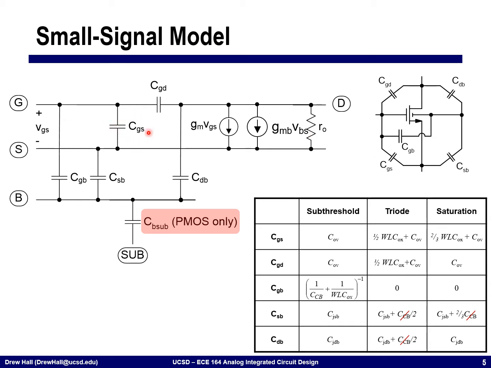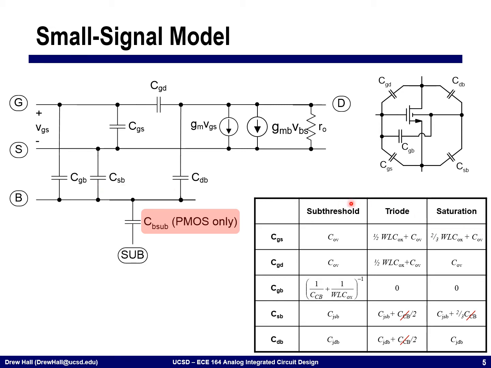It needs CGS to operate. It's not a MOSFET if it doesn't have CGS. All of the other capacitors are what we would call extrinsic capacitors. They're parasitic capacitances from how we manufacture the device, and we have to deal with them, but in an ideal world, with an ideal MOSFET, we would not have any of these capacitances.